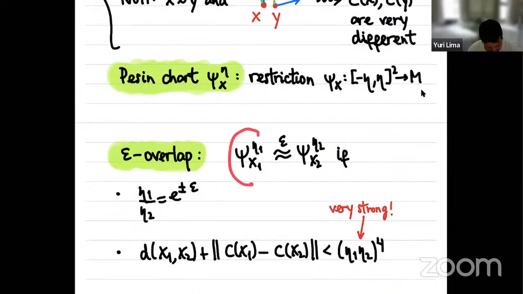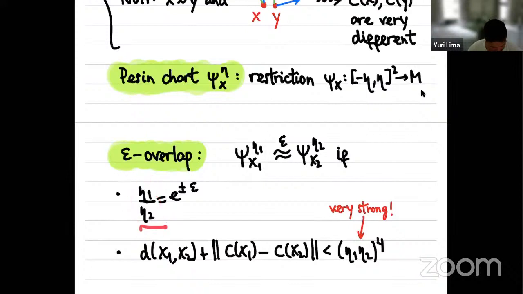So consider two of them, one centered at x1 with scale eta 1, and the other one centered at x2 with scale eta 2. And we say that these two passing charts are epsilon overlapping. In some sense, they are allowing us to understand the hyperbolicity more or less at the same place with the same scale, if the scales are comparable.